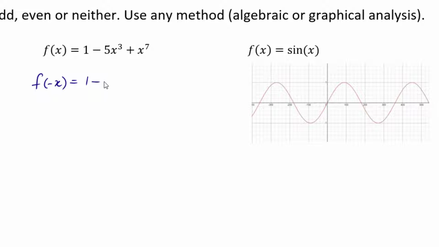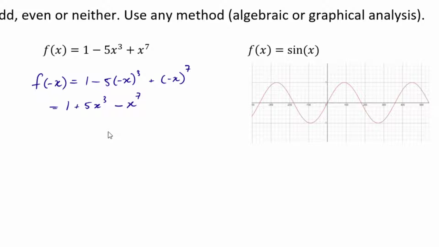So 1 minus 5 times negative x cubed plus negative x to the power of 7. Well, that is equal to 1 plus 5x cubed minus x to the power of 7.